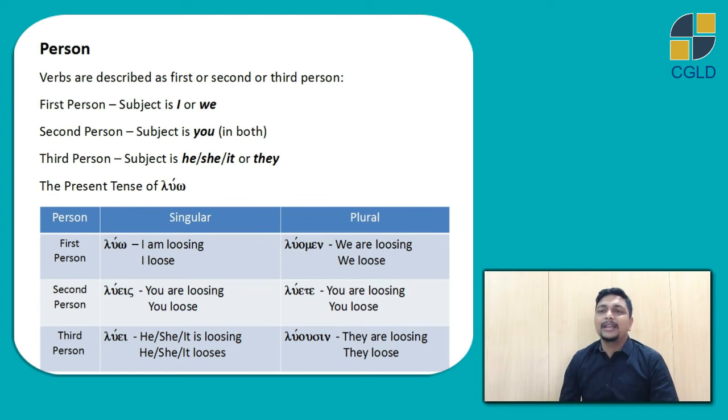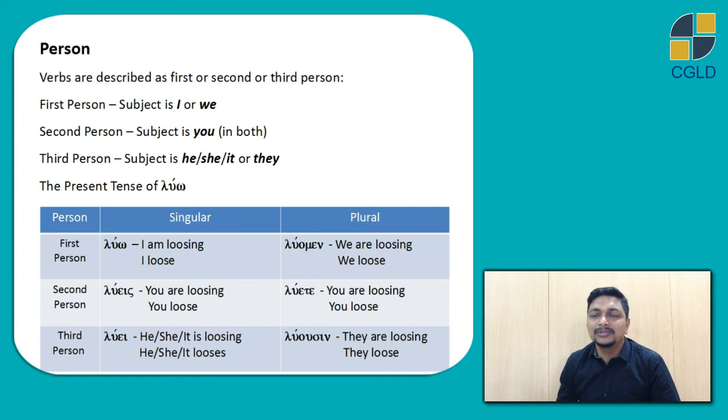Now, when you are asked a question, write the present tense table of the word luo, you have to write luo, lueis, luei, luomen, luete, luusin. And then you write the meaning.